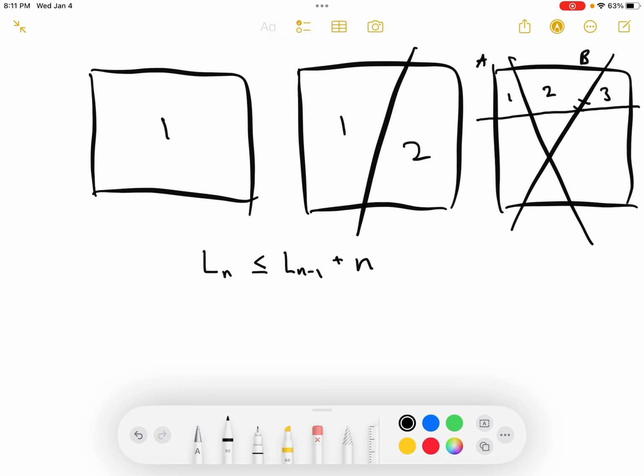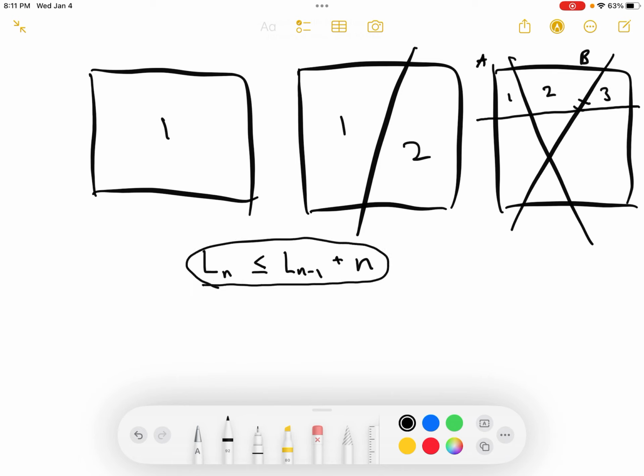Hence 2 points were crossed, creating 3 regions from the old, creating the maximum number of regions with 3 cuts. So we have the upper bound here.